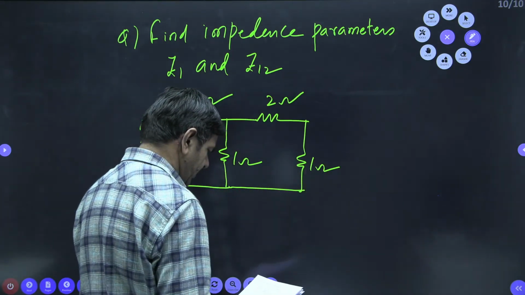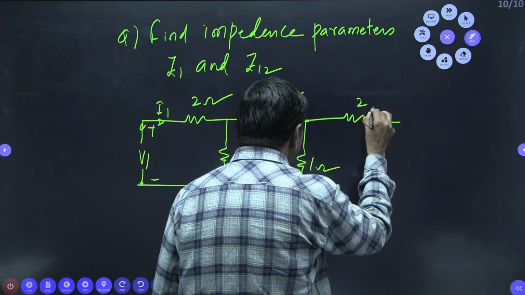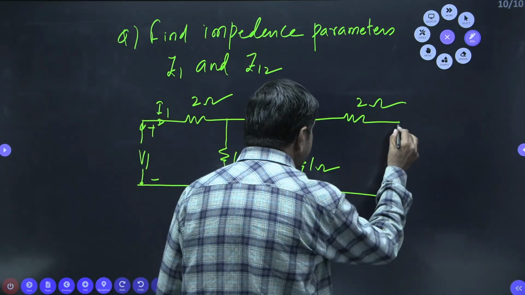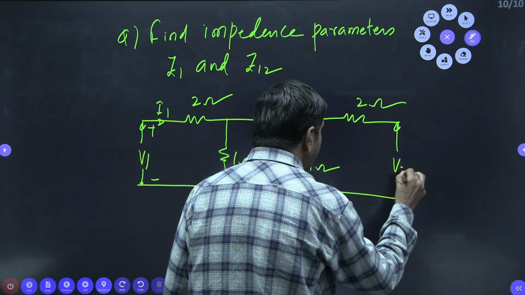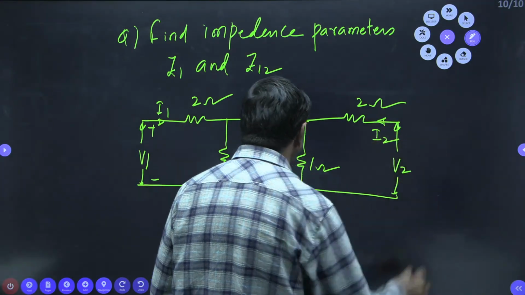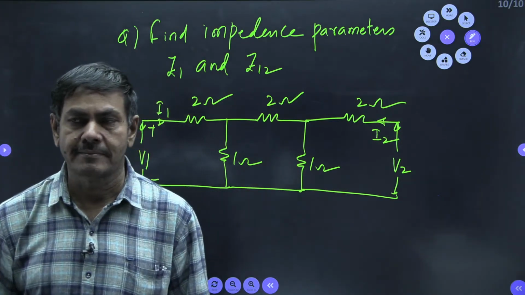Also a 2 ohm resistance is given this side, and one more 2 ohm is connected this side. The supply voltage is given as V2, and the current passing through this side is I2. I need the Z parameters from this network.